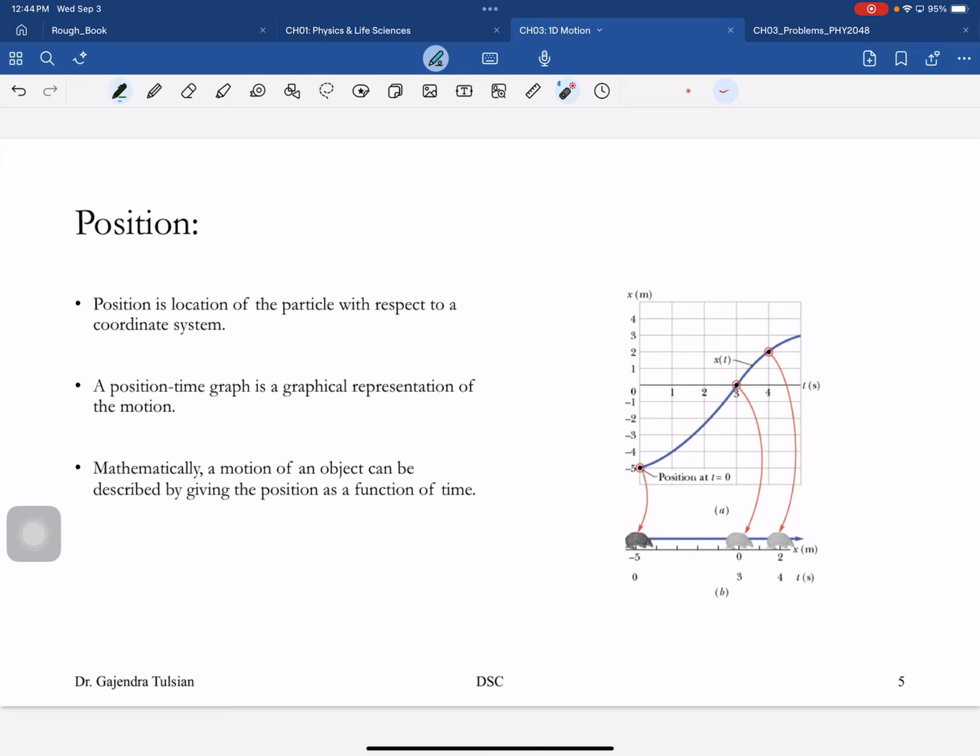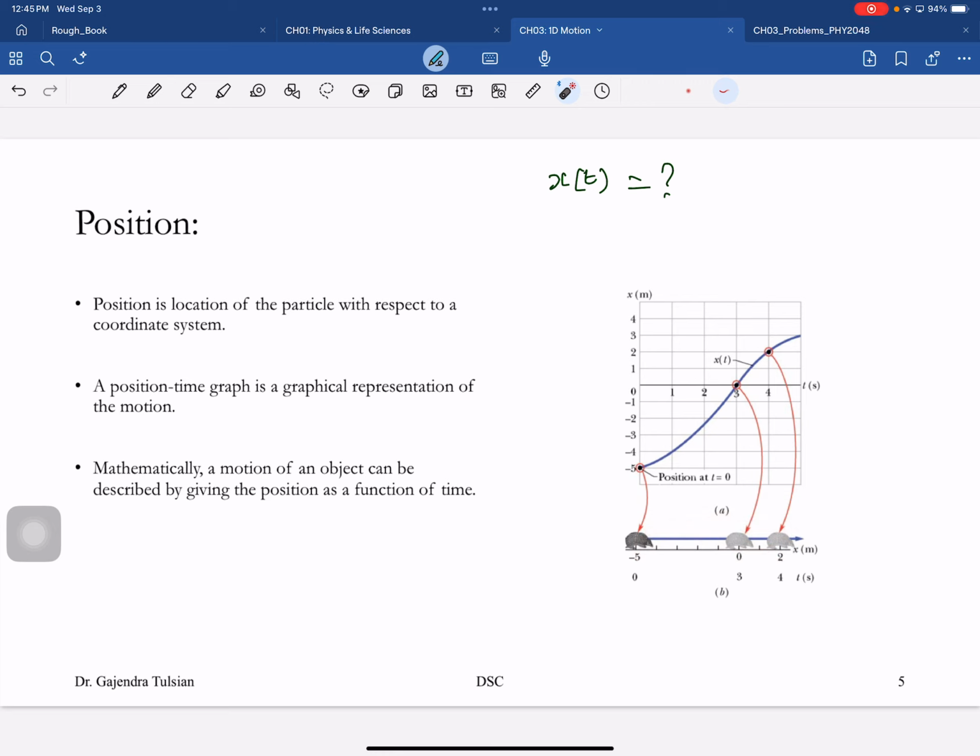But graphs are good for pictures. Here is this armadillo walking. What this graph is telling you is at 0 seconds, it's at minus 5 meters. You cannot draw the velocity in a diagram like this.